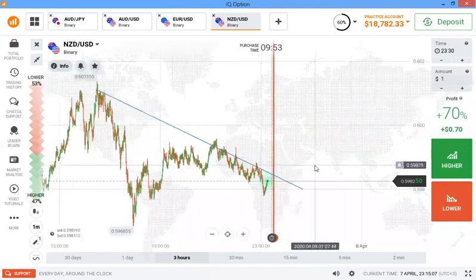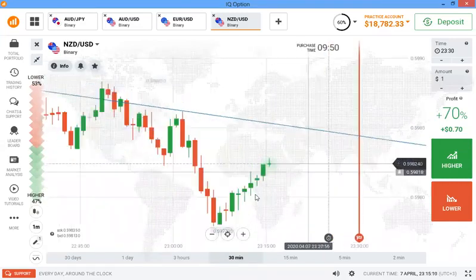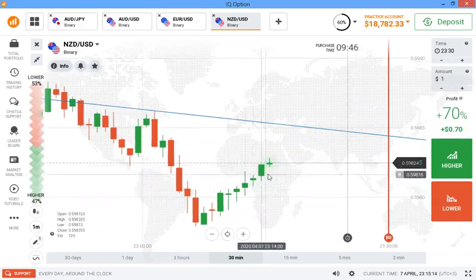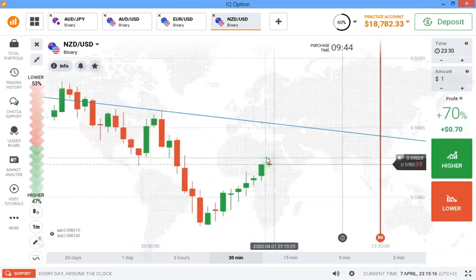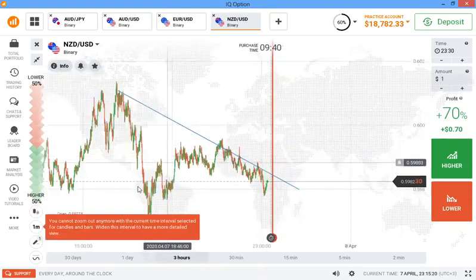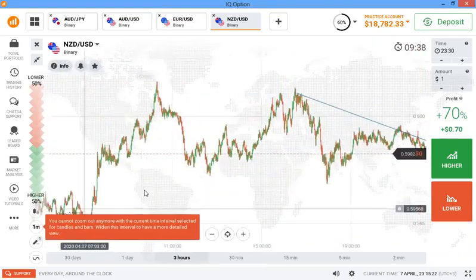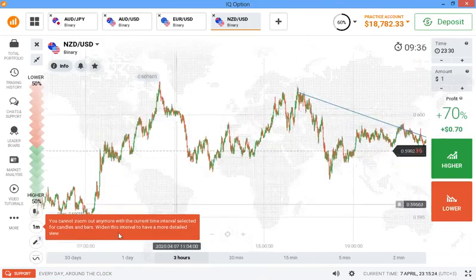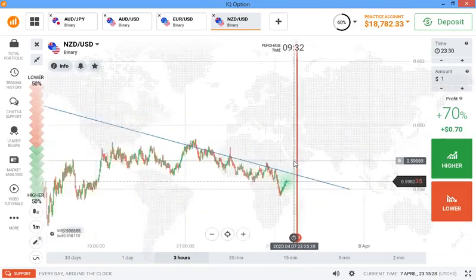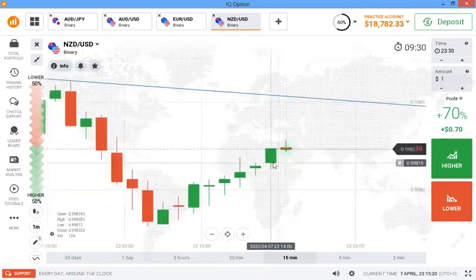This is a minor trend. But when you zoom out the chart, you can see an uptrend here, a bullish trend. This is minor. Why is this now major? When you zoom out, this is major. Now this is minor. Zoom in again, this is minor.